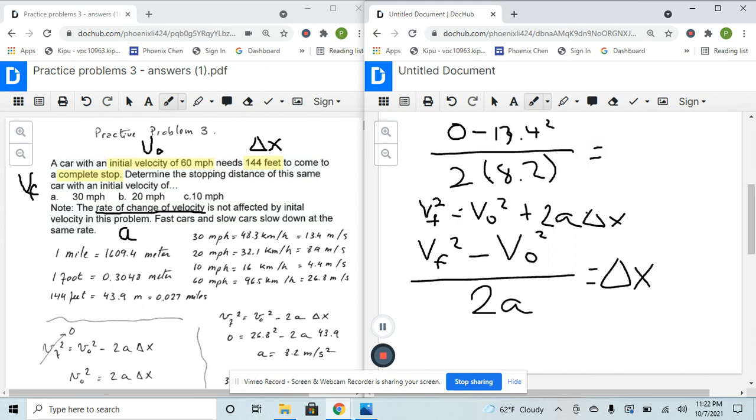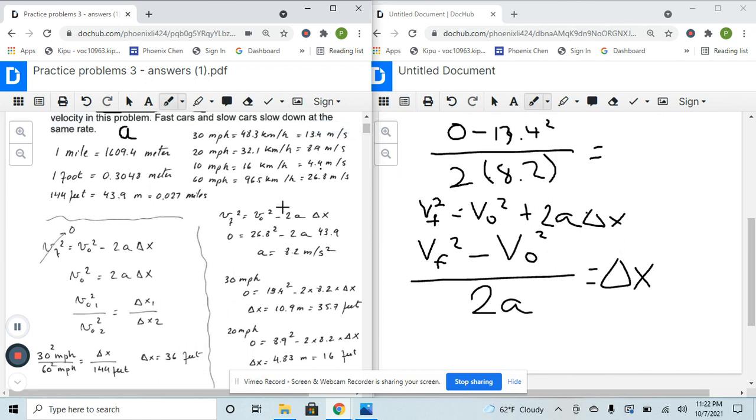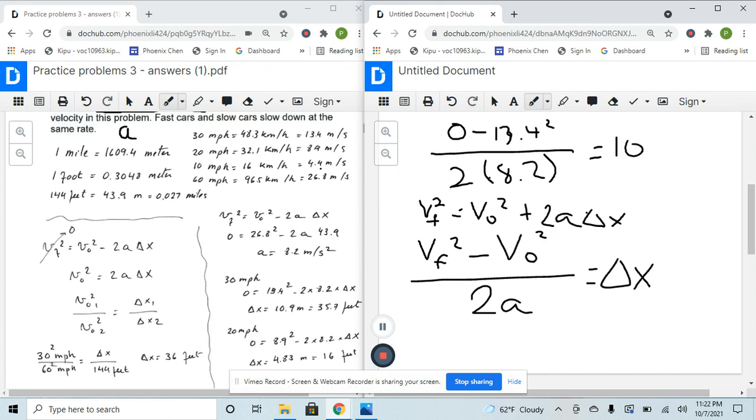Okay, and then if we solve for everything, so everything's plugged in correctly. We're looking for delta x. Delta x is going to end up being 10.9 meters.